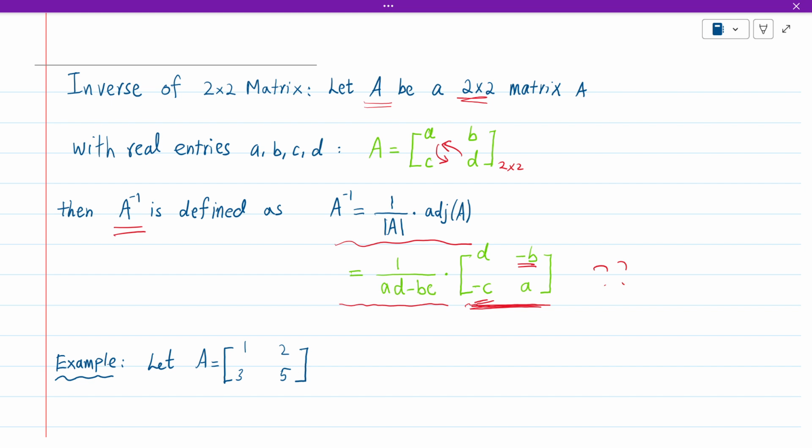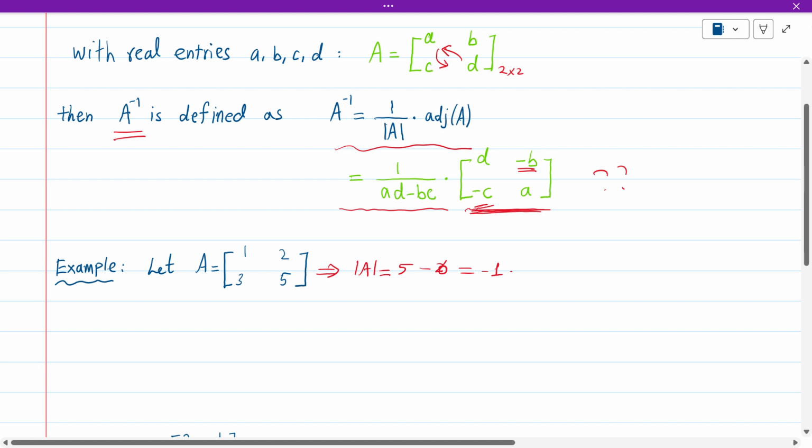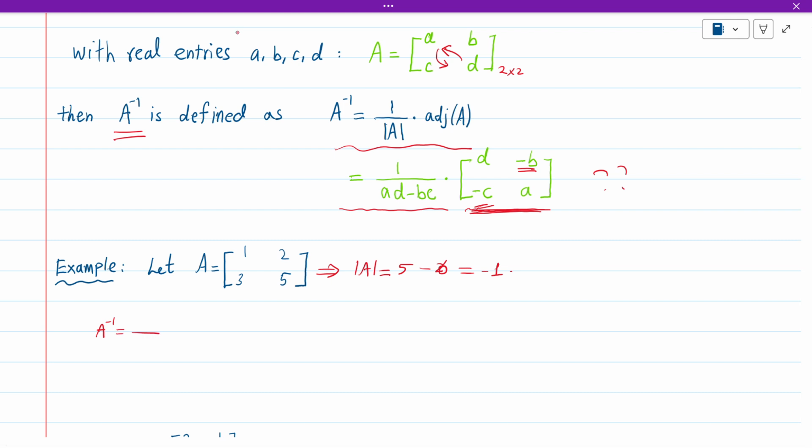Now, we can apply this on an example. First, you will need to compute the determinant, which is 1 times 5 is 5, minus 2 times 3 is 6, and it is negative 1. Sorry, that is the determinant. To find the inverse, A inverse is 1 over determinant times the adjugate of A. That will be 1 over negative 1, which is negative 1, times the adjugate. We exchange these two: 5 comes here, 1 goes there, and then give the opposite sign to B and C. And then we simplify.